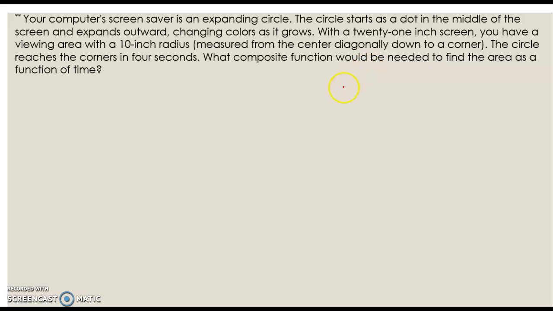All right, so if it reaches it in 4 seconds, you've got 10 inches divided by 4 seconds, which means it is running 2.5 inches per second. Okay? So my radius, in terms of time, is expanding 2.5t. Area of a circle is always in terms of r, and it's pi r squared.